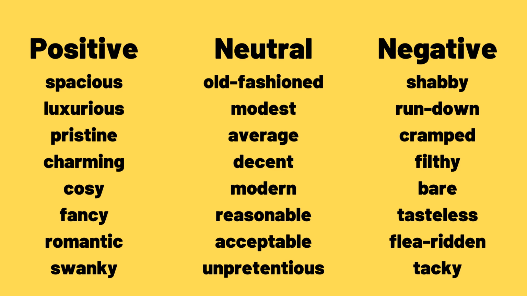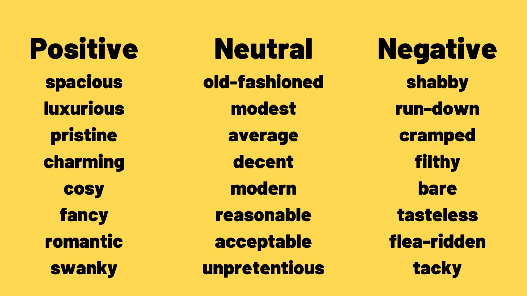Swanky is very informal. I would not put this in the IELTS writing test, but you can definitely use it for speaking. You'll notice here I've omitted the basics. I have not put pretty, beautiful, comfortable, or good because this is a little too simple and I assume everyone who's watching already knows these.